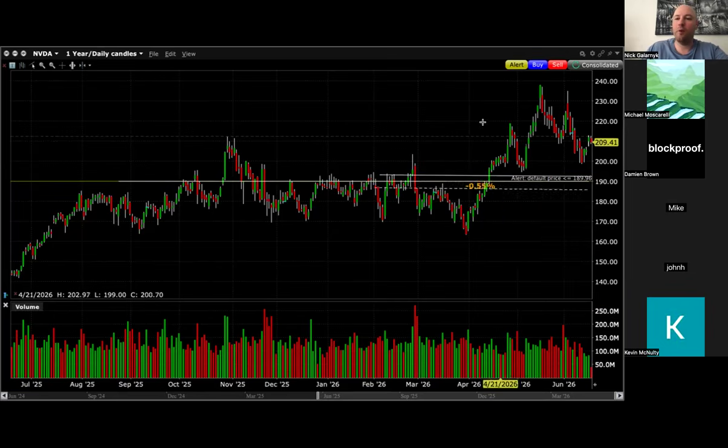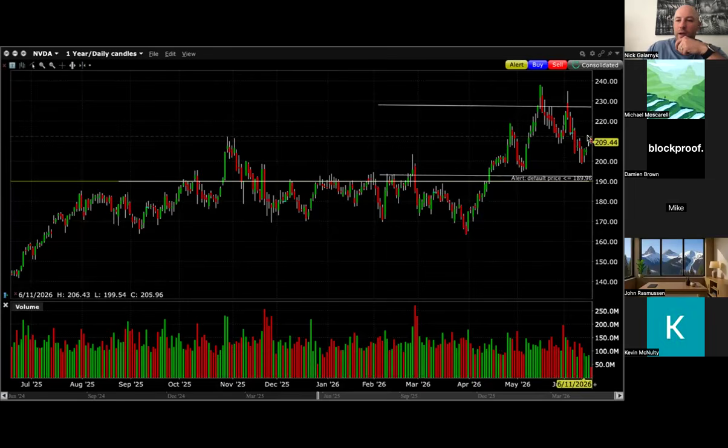And then the other point would be 210 plus 17, which is 227, near the highs over here. So now you have this range established, right? We can go up or down from the current price. We can go up to here, or we could also go down to here. That's the range we're looking at for the month ahead.